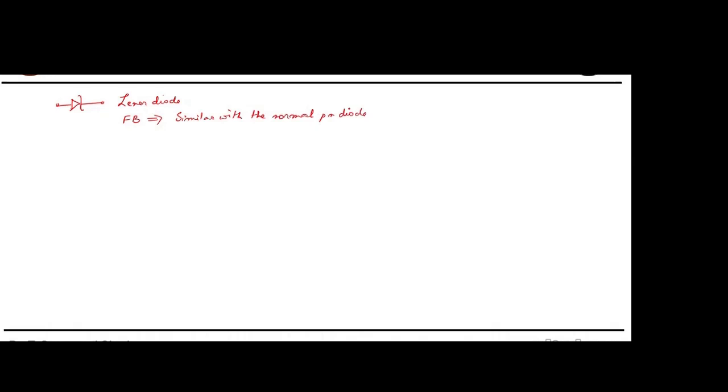Zener diode, when it is forward bias, its characteristic is similar to that of the normal PN diode. But when it is reverse bias, then there will be breakdown due to the Zener breakdown mechanism.